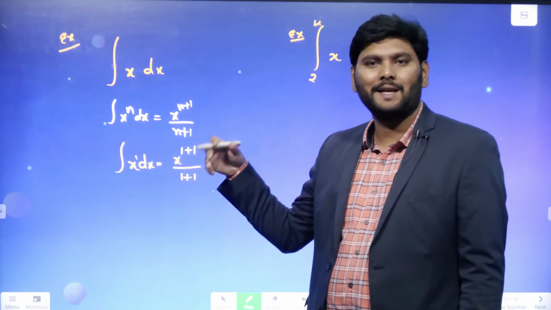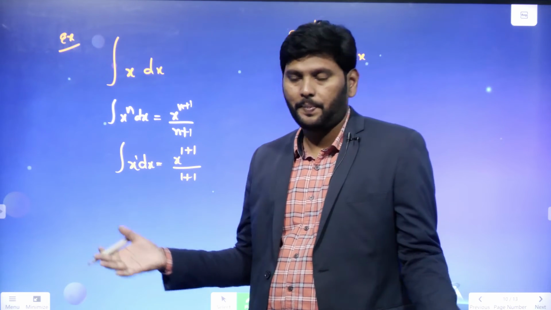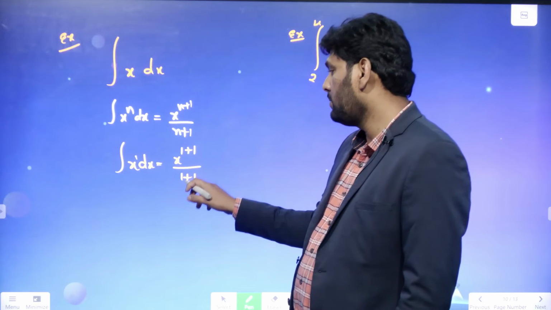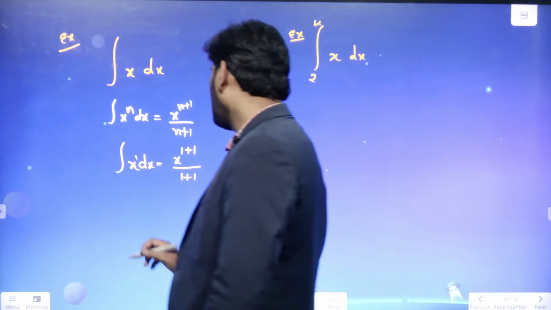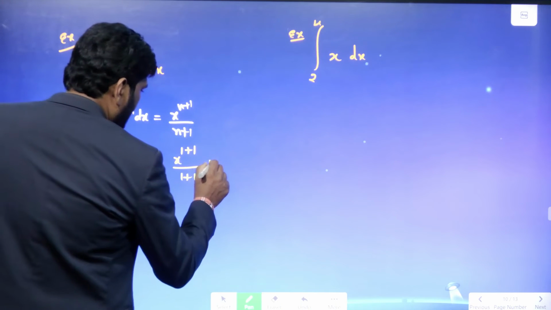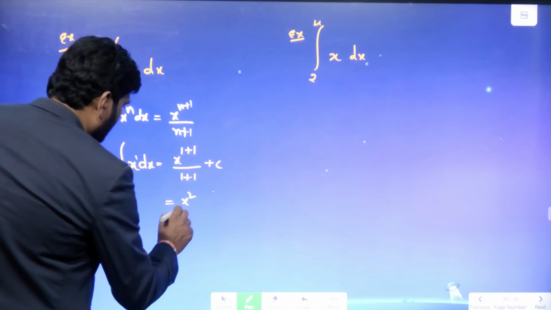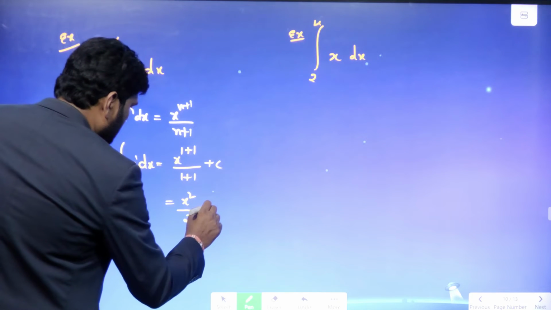Now you must add a constant here. So finally it becomes x square by 2 plus c.